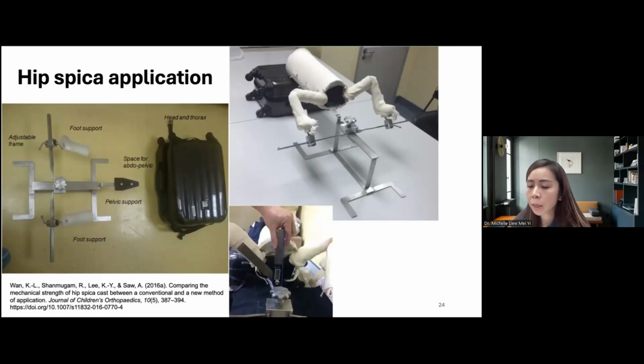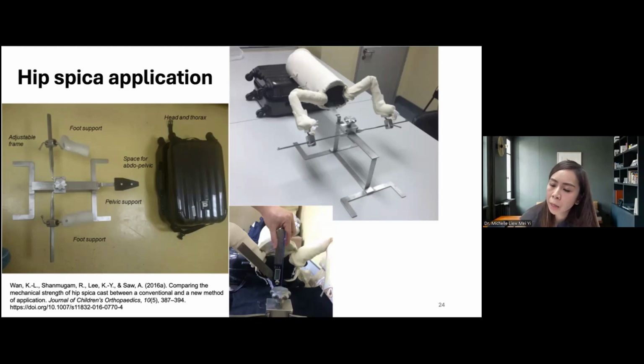During hip spica application, we normally use a self-supporting spica frame, as you can see in the images, with an added suitcase support to aid in optimal patient positioning. The child is carefully positioned in the frame, with the suitcase supporting the upper torso and the hips positioned in approximately 90 degrees of flexion and 50 degrees of abduction, replicating the desired reduction position.